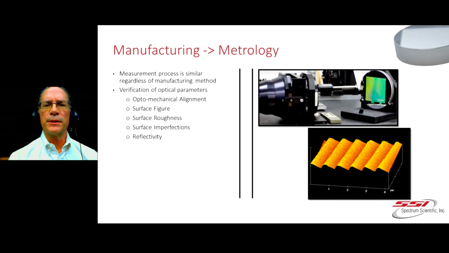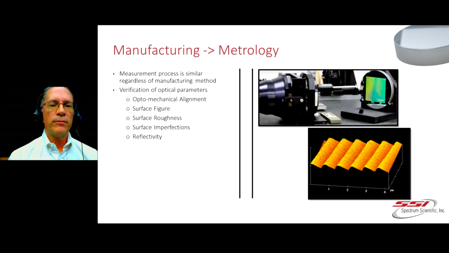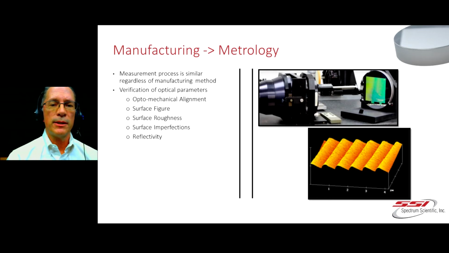All the typical things, and we're happy to share data with all of our parts. Some of our parts we measure 100% of, some we sample. It really depends on the part. Every part's different. All the optics we make are custom optics, because some customers require more metrology than others. But the bottom line is we want to make sure that you're getting the right part every time, as always. So moving on.